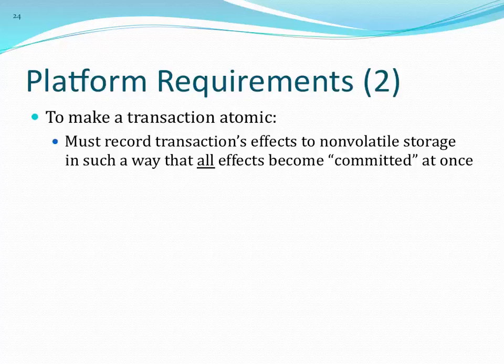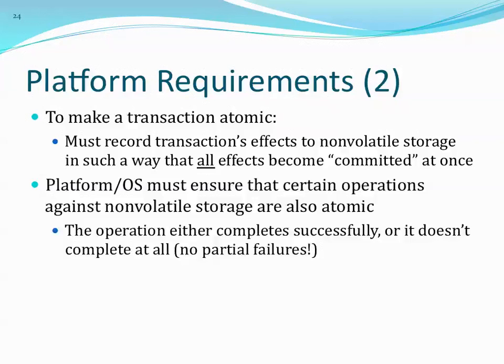To make a transaction atomic, we have to record the transaction's effects to non-volatile storage in a way that all effects become committed at once. Now there's other operations that need to be atomic if this is going to work. And like I say here, the operation either completes successfully or it doesn't complete at all. There's no way to have a partial failure.